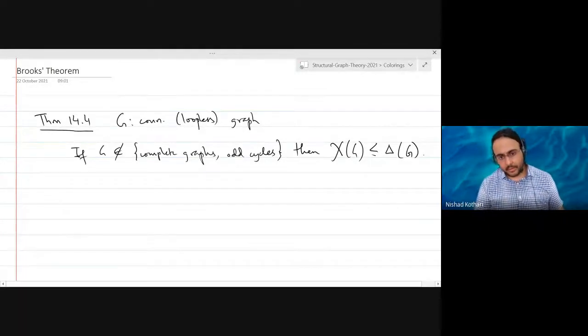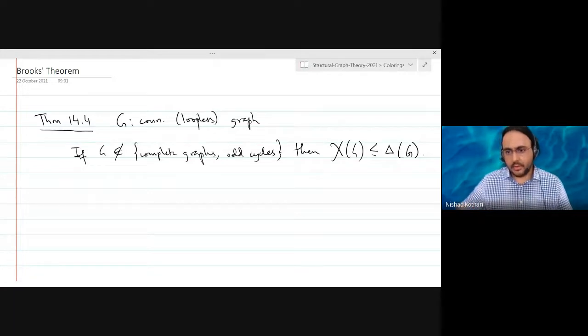Whereas in the case of complete graphs and odd cycles, we actually need delta G plus 1 colors. But they are the only graphs that require that many colors as per Brooks' theorem.